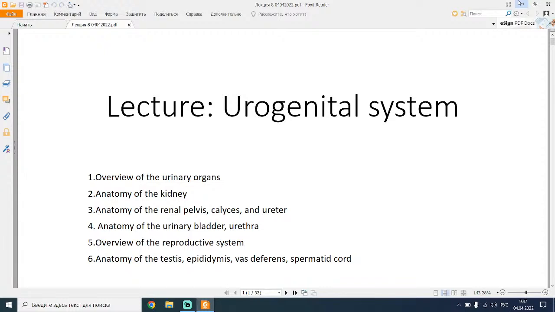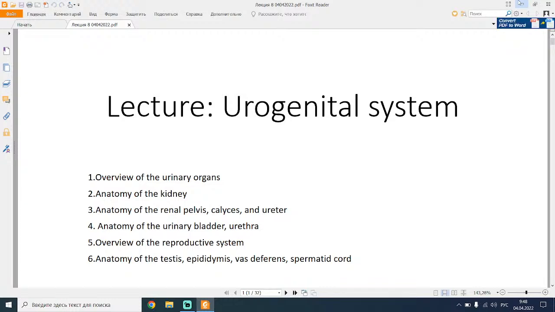Today's topic of lecture: the urogenital system. Next question: overview of the urinary organs. Anatomy of the kidney.